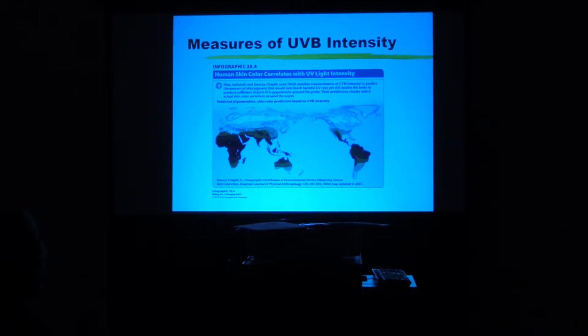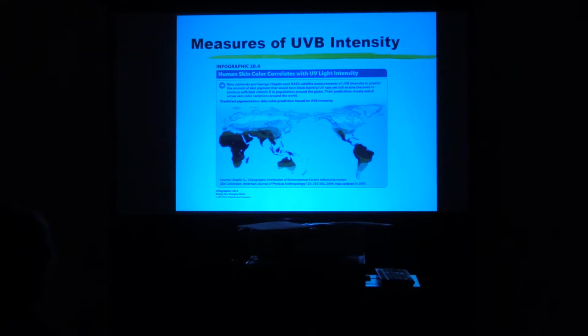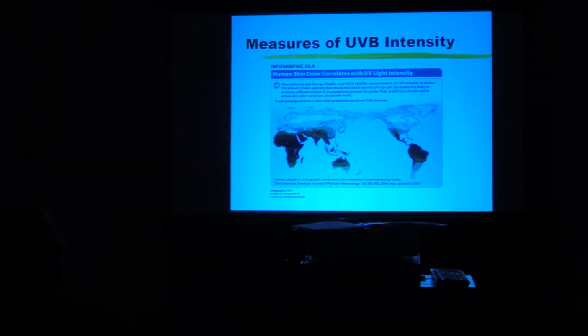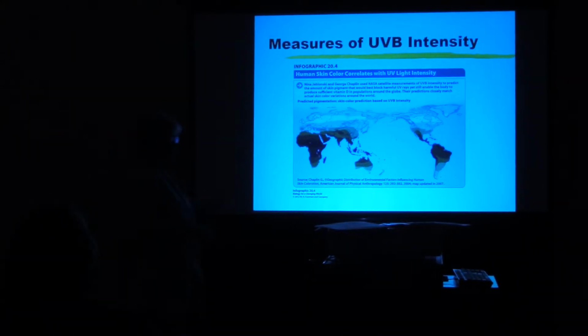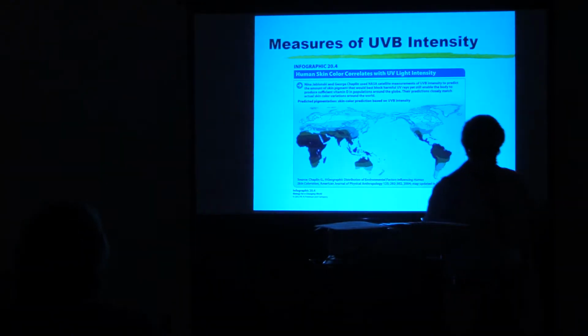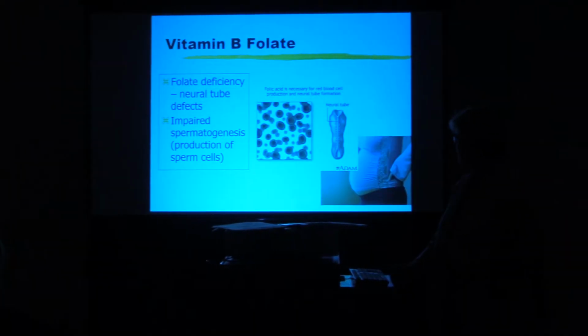And what you see on this looks very familiar to the slide we just saw. So they were able, using NASA satellite imagery, to put some numbers on it, because of course that's what scientists need to do. You have a hypothesis, you have to collect data, you have to test that hypothesis, and that's basically what they did with this. And it seemed to fit really, really well.